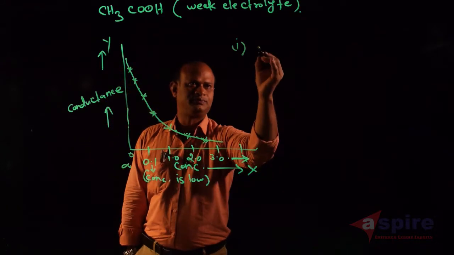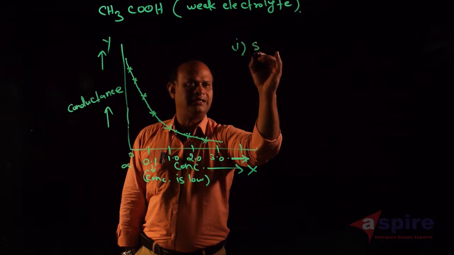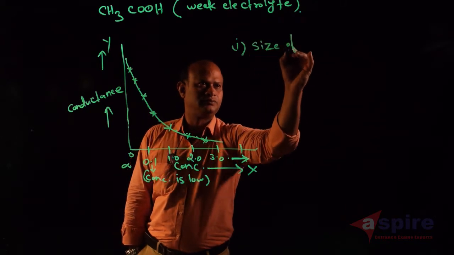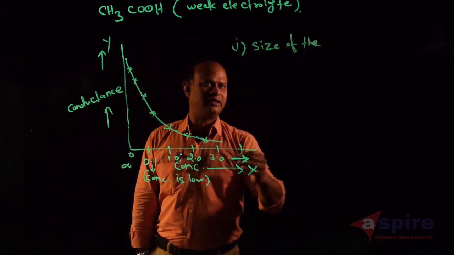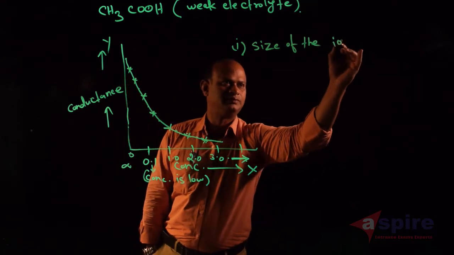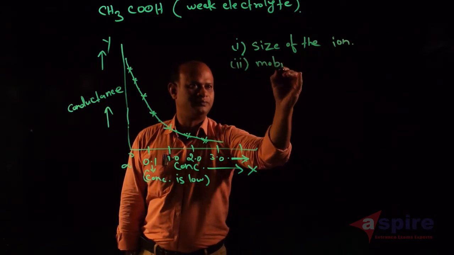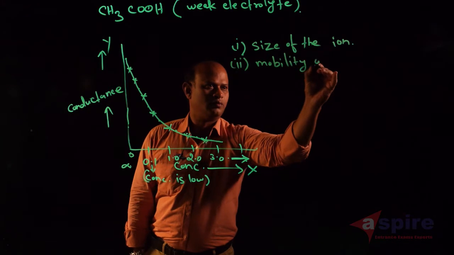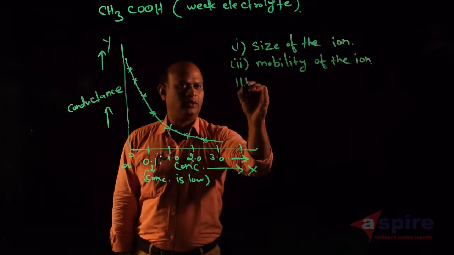The conductance depends on three things. One is the size of the ion. The second one is the mobility of the ion. The third one is the concentration.